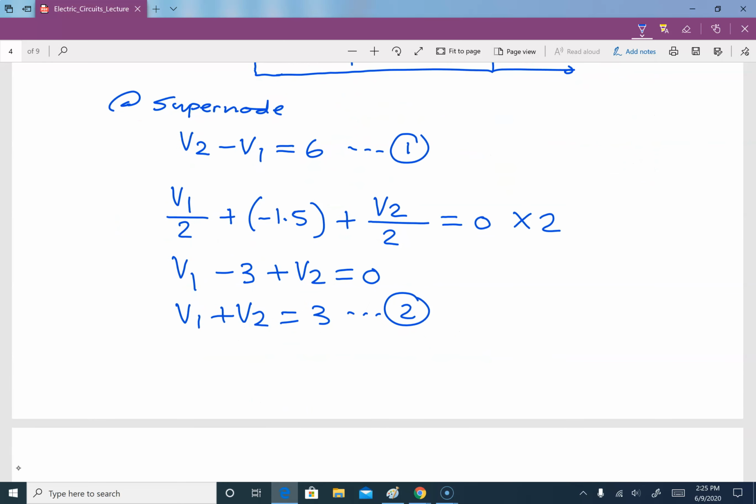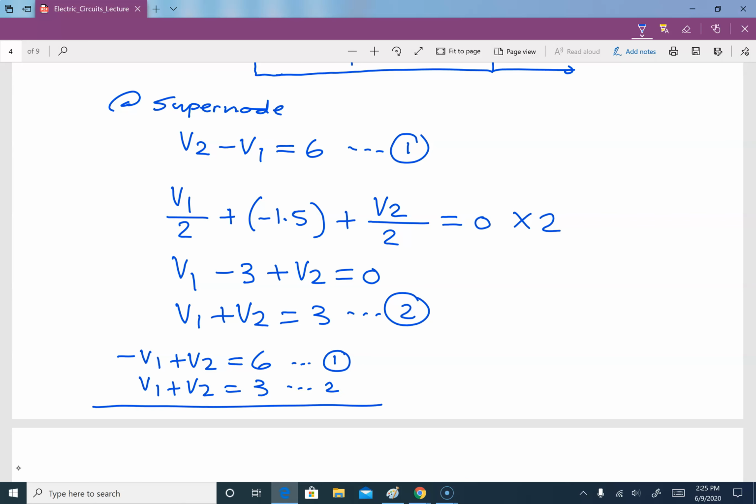So now we have two equations and two unknowns. So I can put them here. That is negative V1 plus V2 is equal to 6, which is equation 1. And then I have V1 plus V2 is equal to 3, and this is equation 2. So what we need from here is really V2. If I add these two equations together, we will get rid of V1.